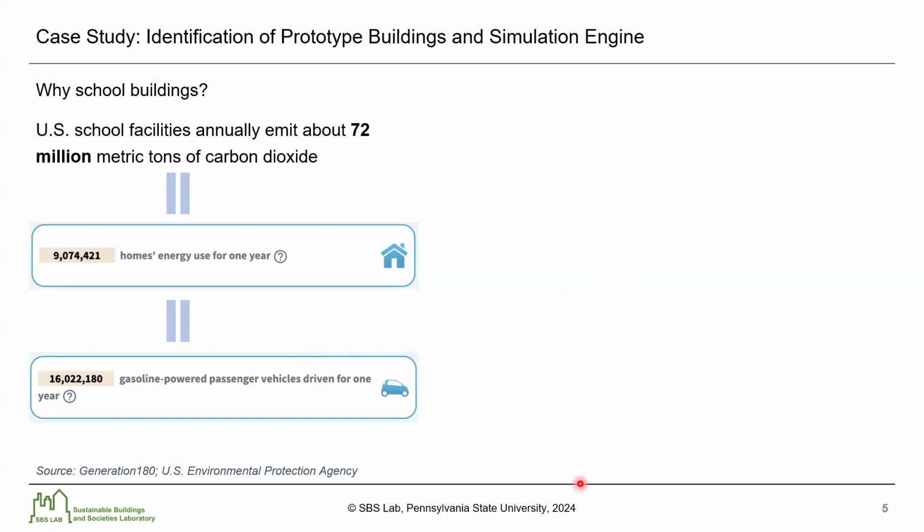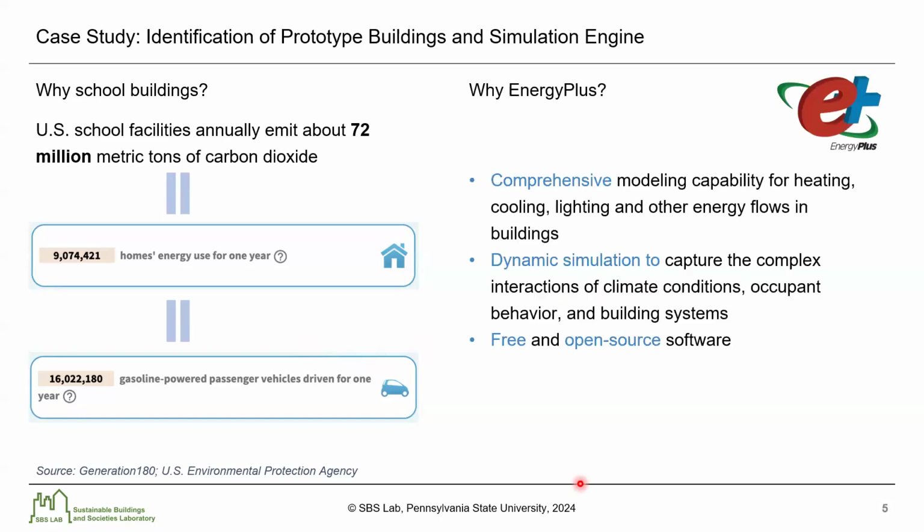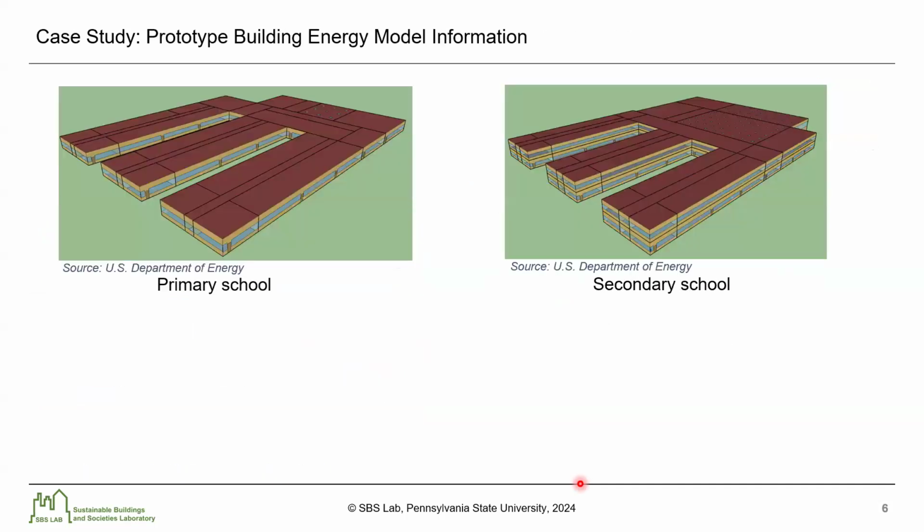We use the open source tool named EnergyPlus for the building simulation, because it has comprehensive modeling capability, and it can run the zone thermal and also incorporate the system simulation. Here are the models we used for the building energy modeling.